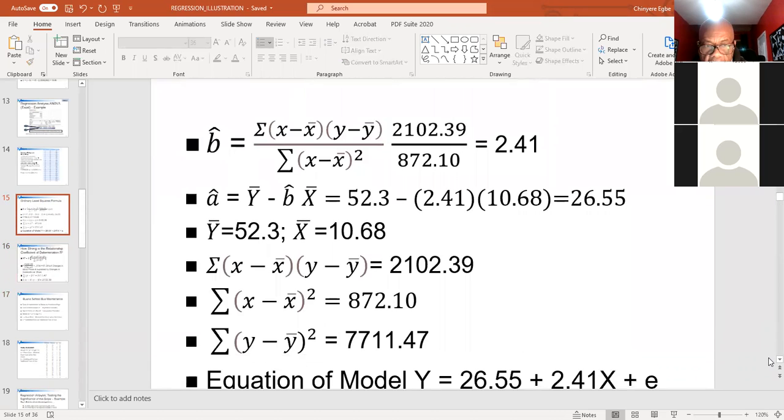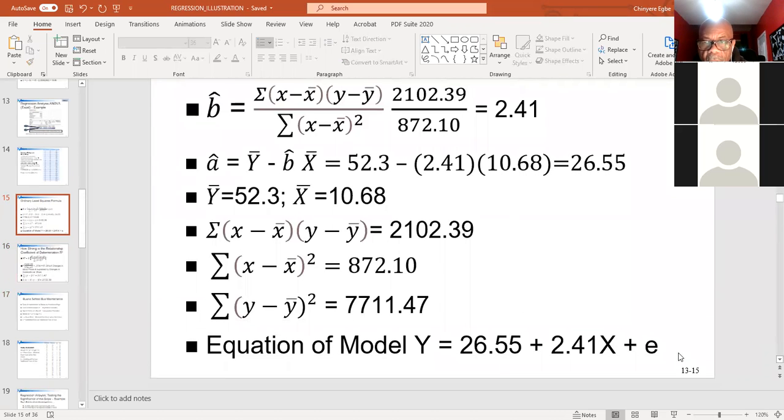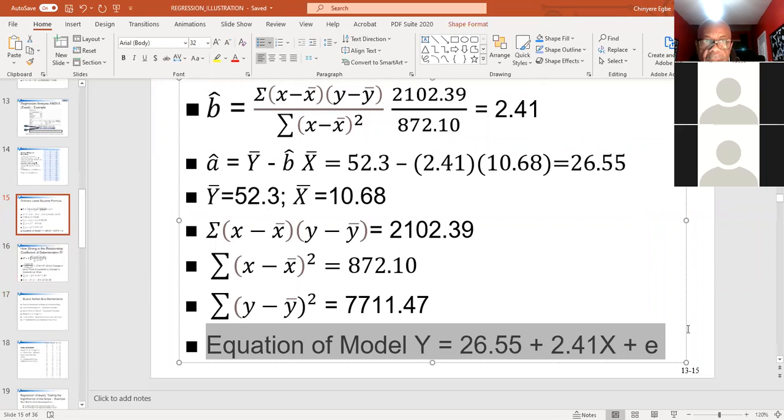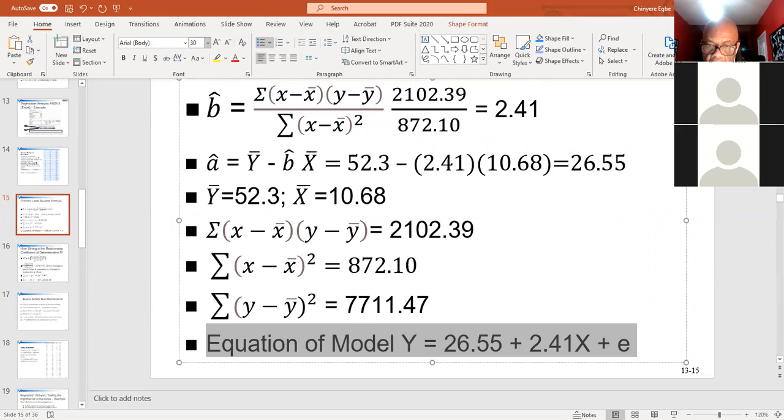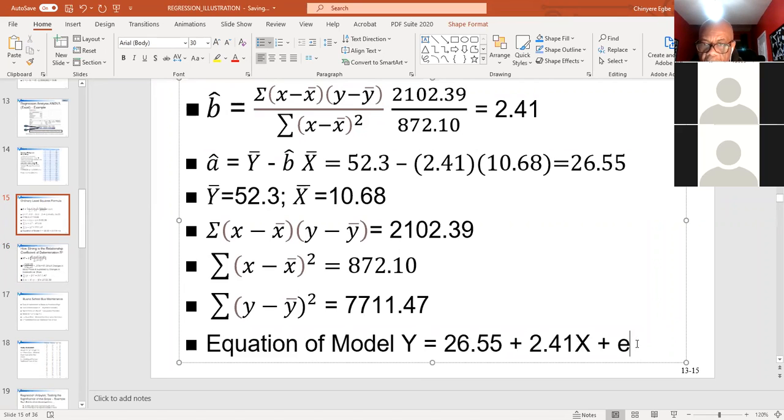You want something similar to that? Yes. So here's the model equation. So if a company pays, the equation of the model is that, okay, so if a company pays $2 per share.